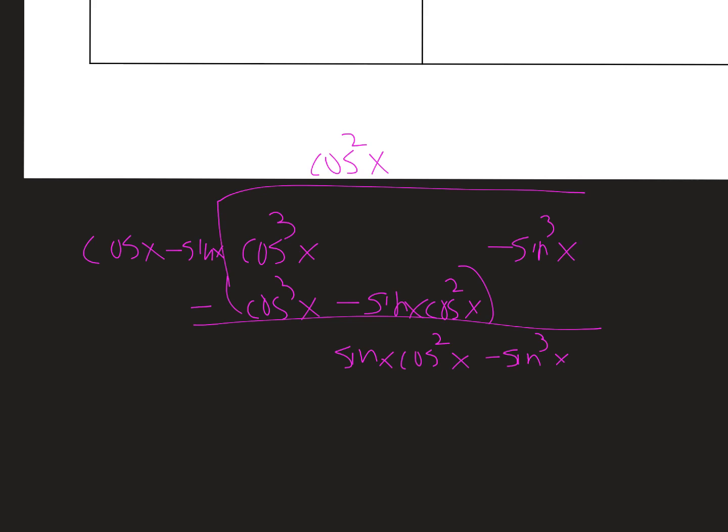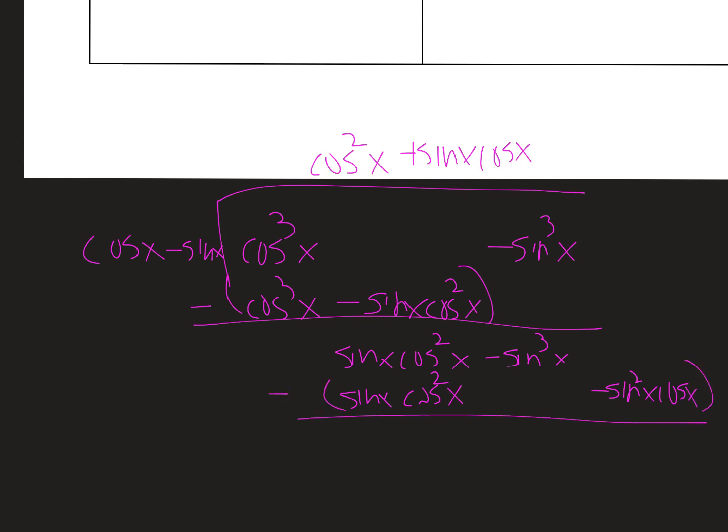So then I say, all right, I want that first thing, so that's sine times cosine. So plus sine times cosine times x. Distribute that, that's sine times cosine squared, and then minus sine squared cosine x. So my order is messed up, but that's okay. Subtract down, those pieces go away.